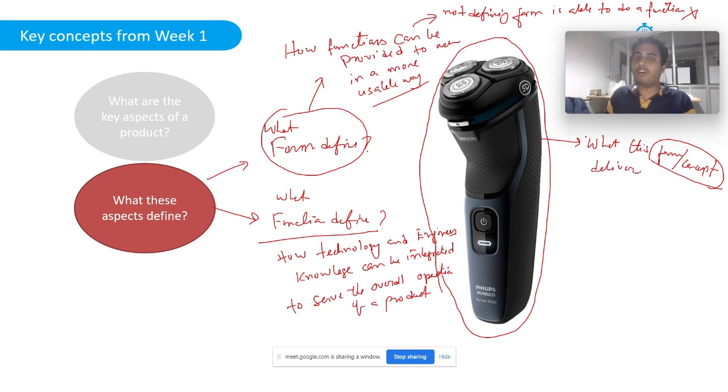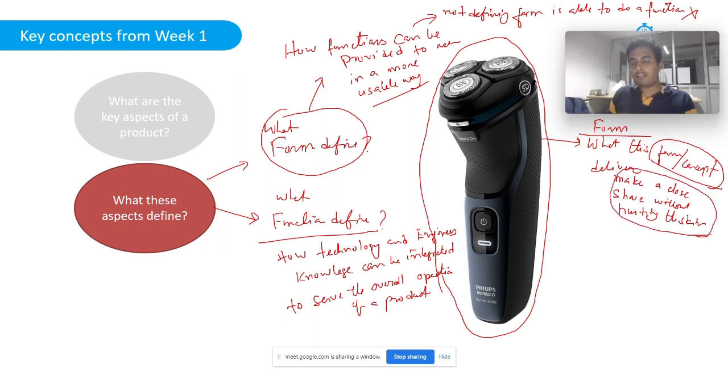That's the role of the form. So make a close shave without hurting the skin, that's a conceptual requirement. This is not a functional requirement, so I'll come to that.